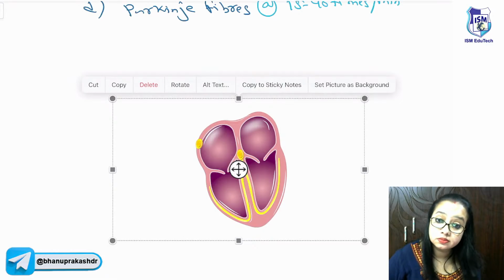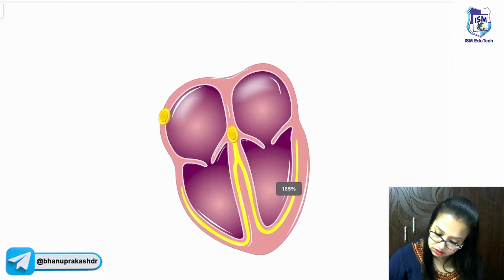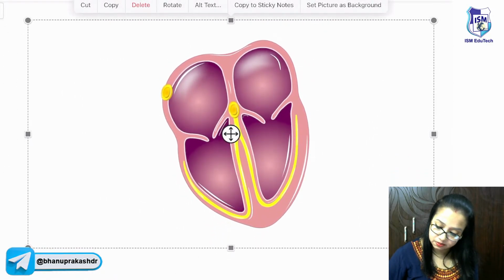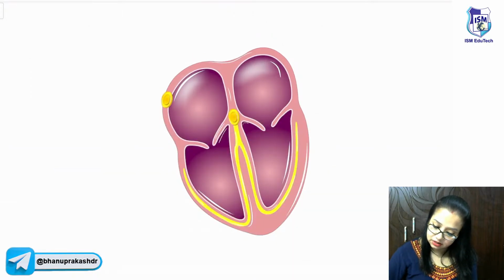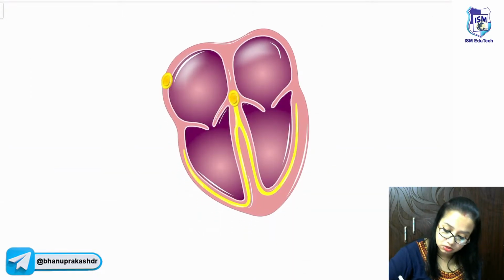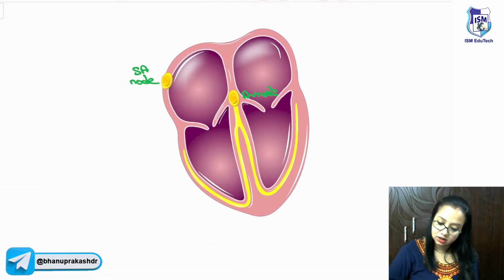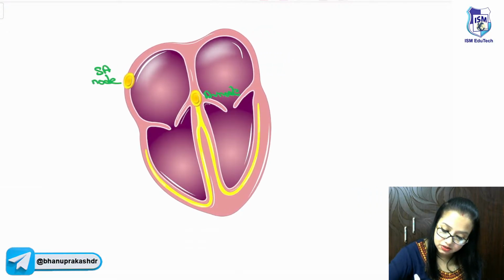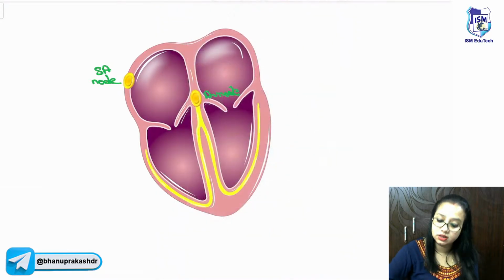Zooming it out a little bit, the first structure that we mentioned is the SA node. This is the SA node, and this one is our AV node. Now, where are they located?